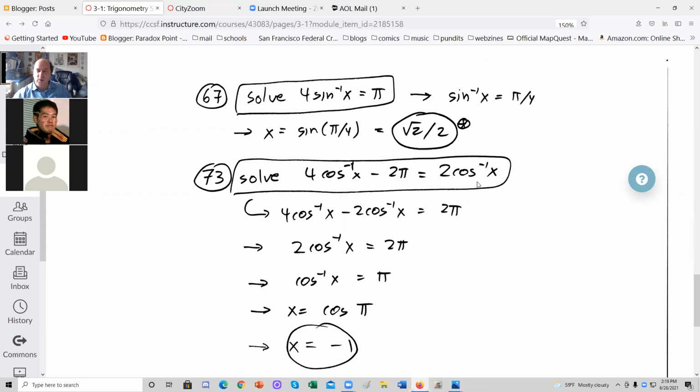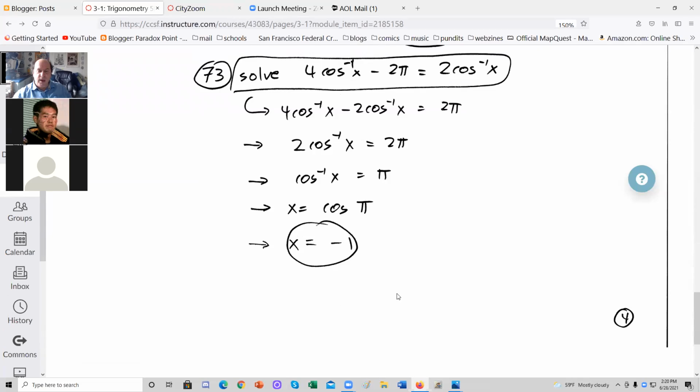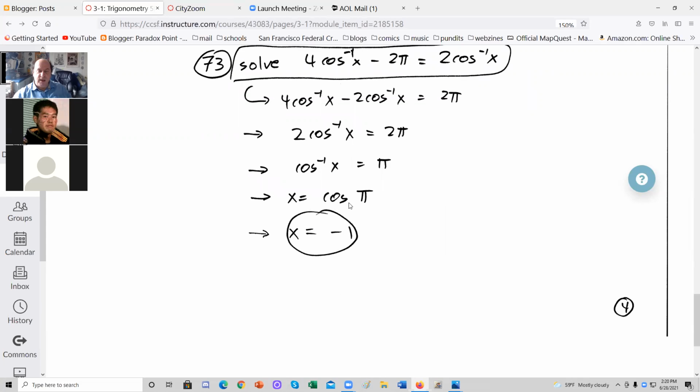We transpose the 2 pi to the right and the 2 arc cosine x to the left. So 4 arc cosine x minus 2 arc cosine x equals 2 pi. Combine like terms. 2 arc cosine x equals 2 pi. Divide by 2. Arc cosine x equals pi. Take cosine of both sides. x equals cosine pi, and that is negative 1.